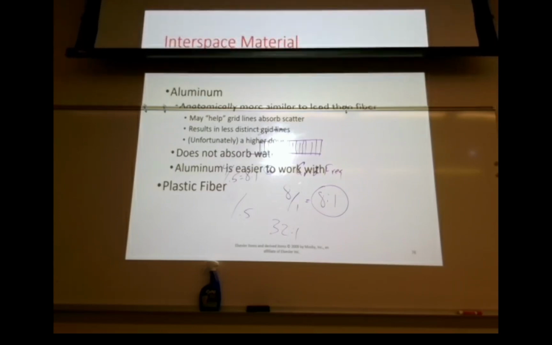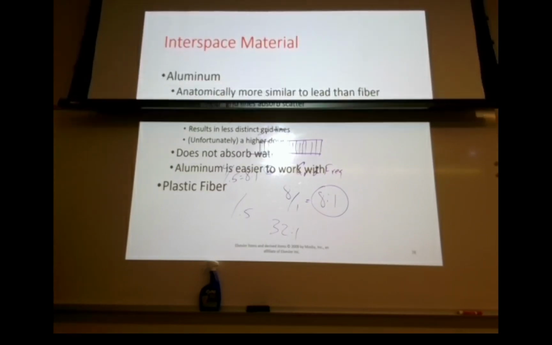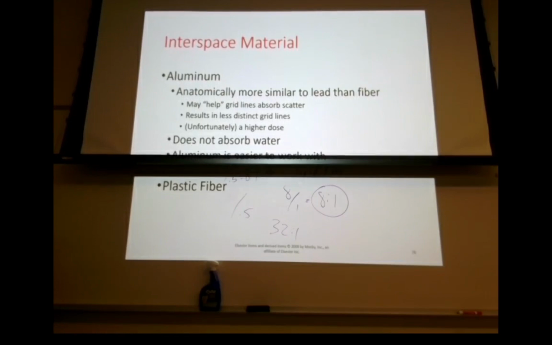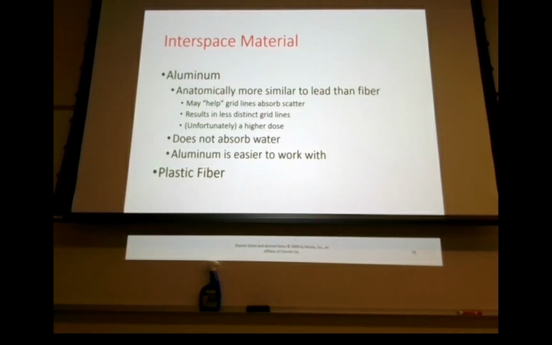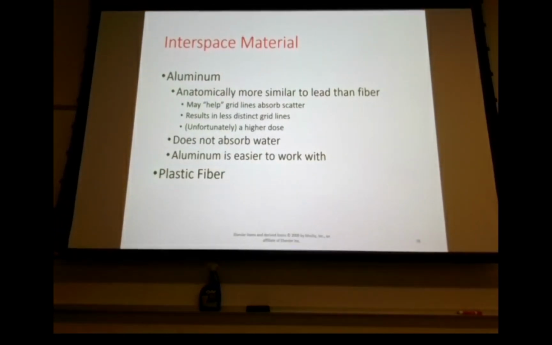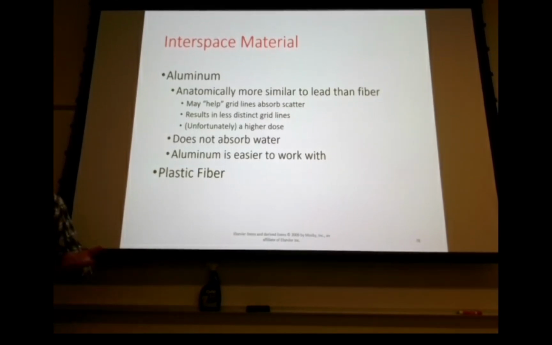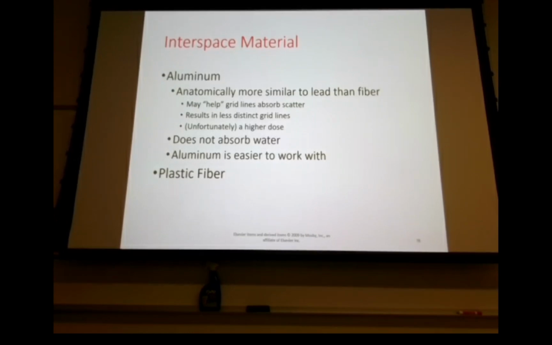So the interspace material can be a lot of different things, and there are benefits to each one of them. They may be almost completely radiolucent, meaning that they don't absorb any appreciable X-rays at all, like carbon fiber. They may be plastic. A long time ago, they used to use paper. The problem is that we deal with body fluids.